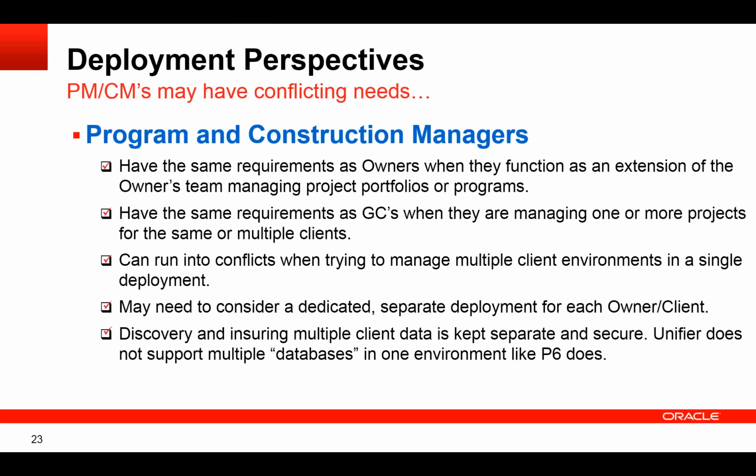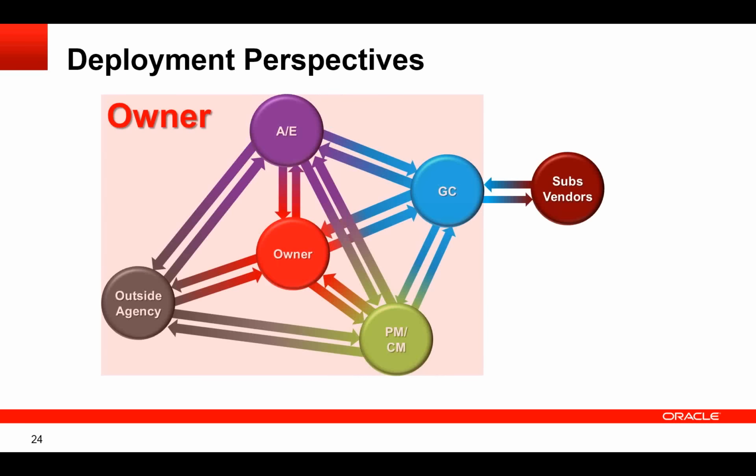So here's a deployment perspective from an owner. Everything within this box here, I can assume that I can collect, maybe not so much from my outside agencies. They may not participate in the system, but anything that they send in, we can log in and get that into the system. Contractually, I might not have visibility to communications with subs and vendors.